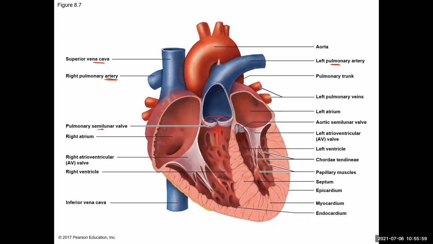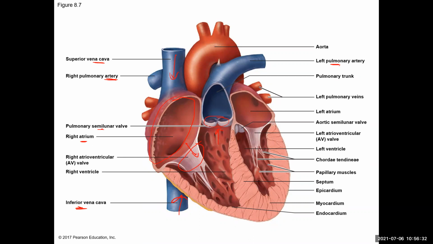Your right atrium is this structure here. The right AV valve, which is this valve here, it's another one-way valve. It only allows blood to move from the atrium to the ventricle and not back into the atrium. You have your inferior vena cava. Okay, so the vena cavas bring blood to the heart from the body. You have your superior vena cava, so superior is above, right?